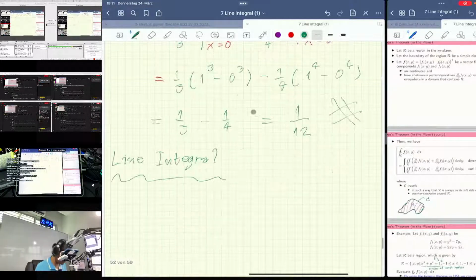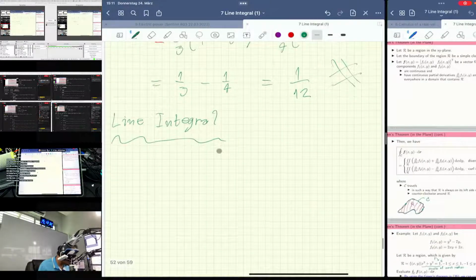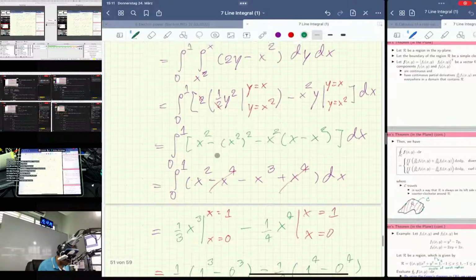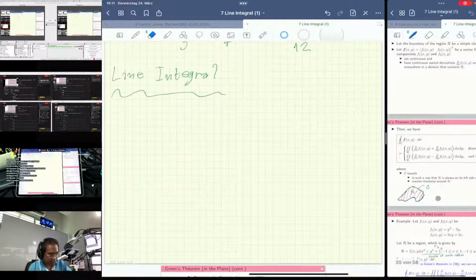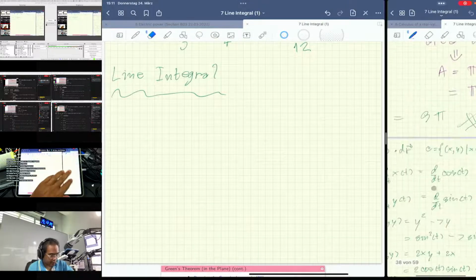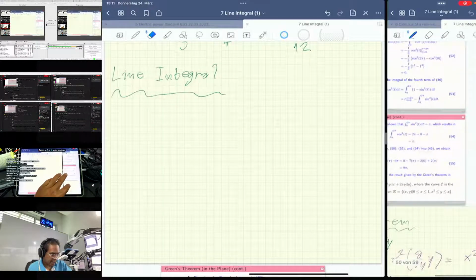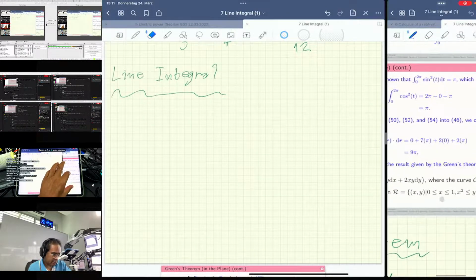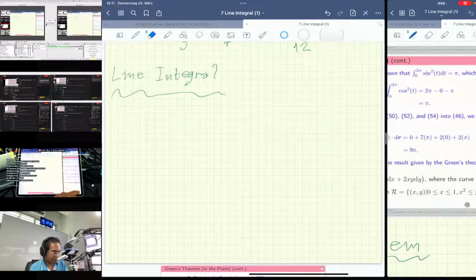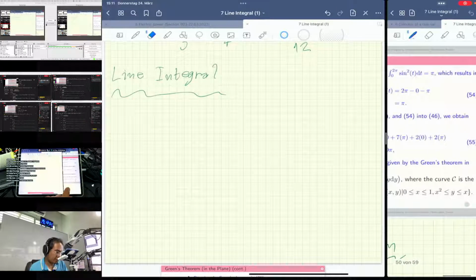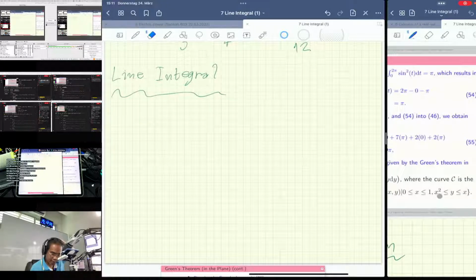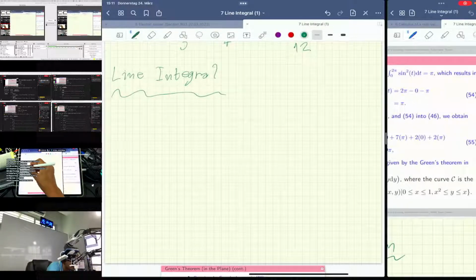In order to do that, you need to know the region R. The region R in this problem is the following. They say x is between 0 and 1, no problem, but y lies above x squared and below y equal to x. So let's draw the curve.